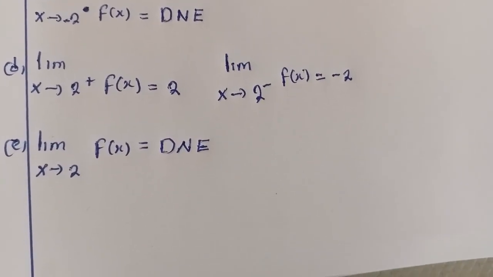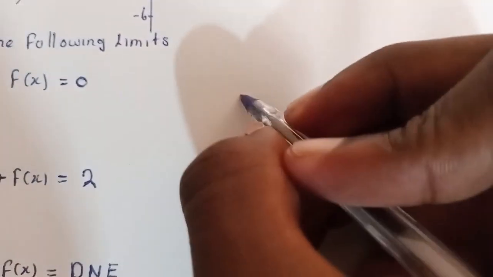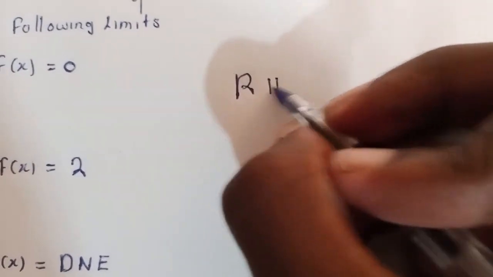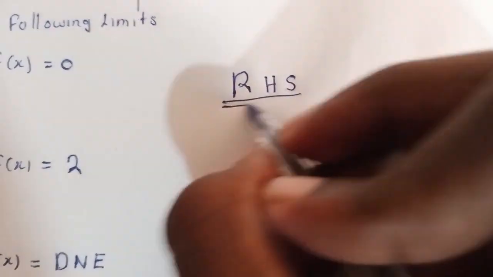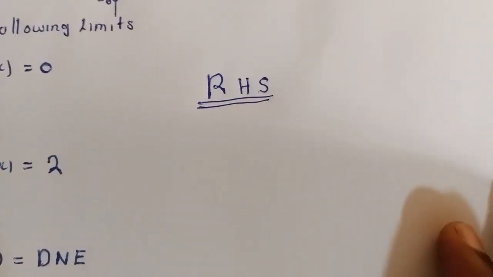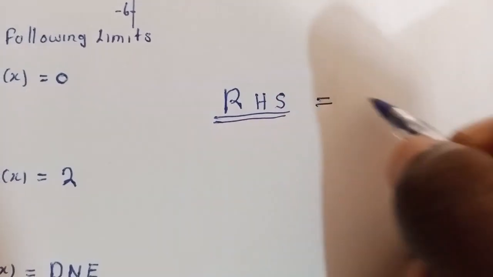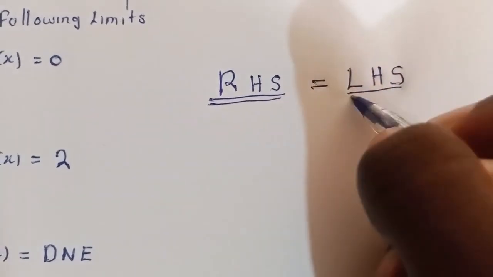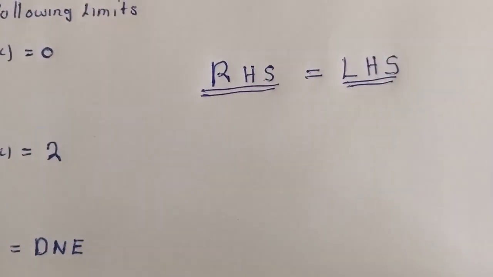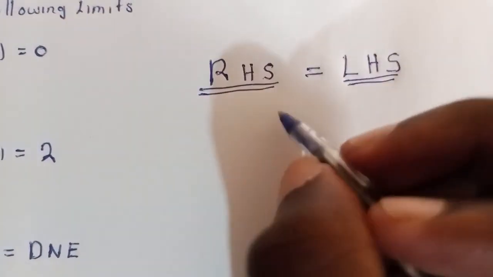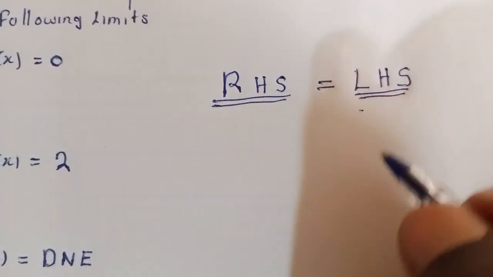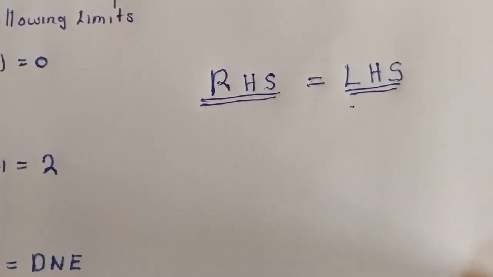So, in order for a limit to exist, what you calculate on the right hand side must be equal to what you calculate on the left hand side. Okay? So this is what we use in order to prove whether a limit exists.